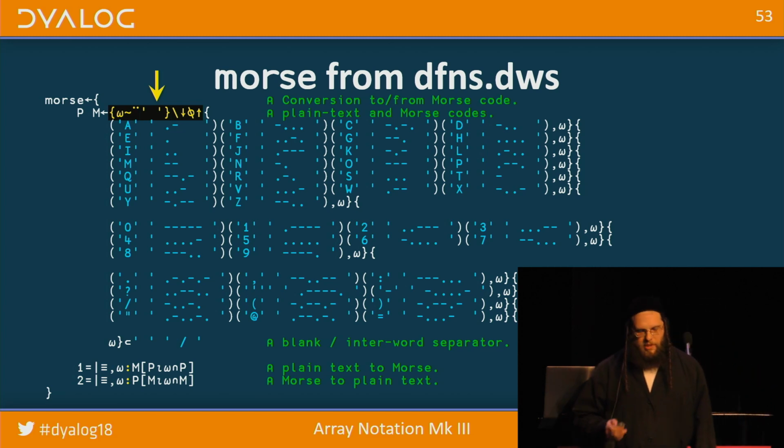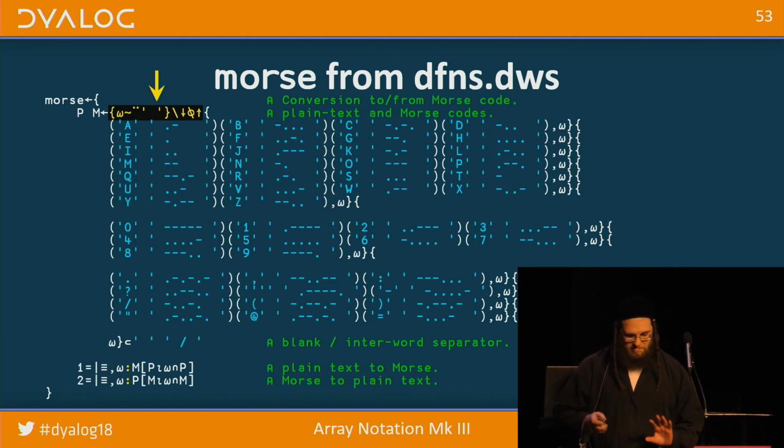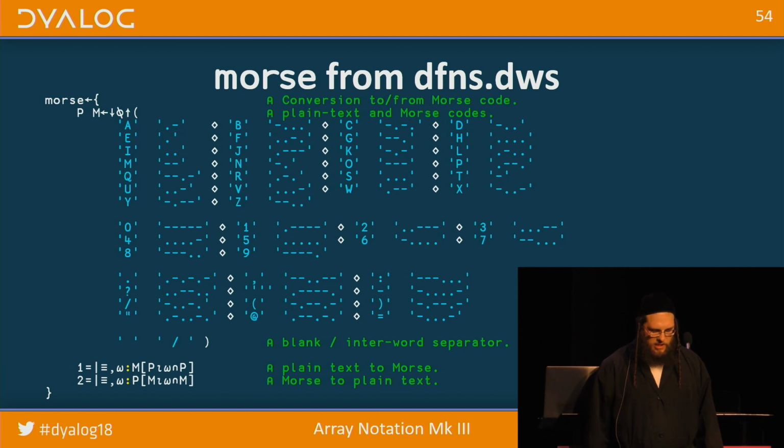Right. Do you believe me if I tell you that it removes spaces from the second element of every sub-element of this vector of vectors? Kind of, except for the last element, though. Right, exactly. So in the array notation, you could just write this as a long vector of 2-element vectors, and you can split it up whichever way you want.